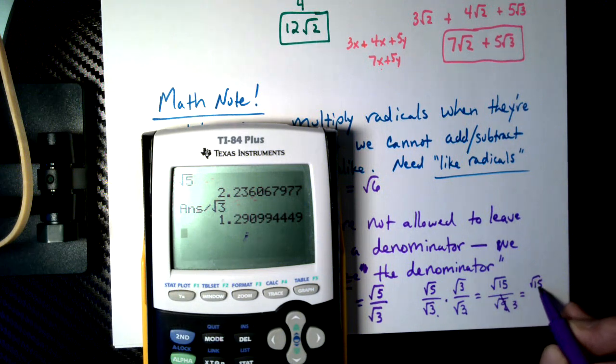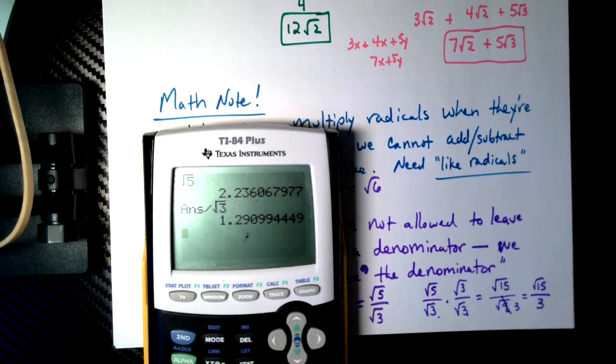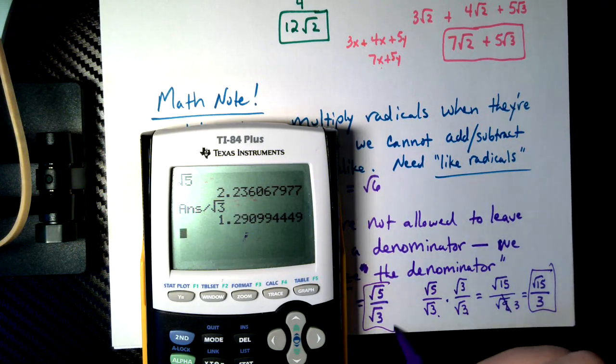Square root of 15 divided by 3. And please don't think 15 and 3 reduce. That's not a normal 15. That's a radical 15, and a 3 on the bottom. So please don't think that those two will reduce. That decimal here is the same decimal as over here.